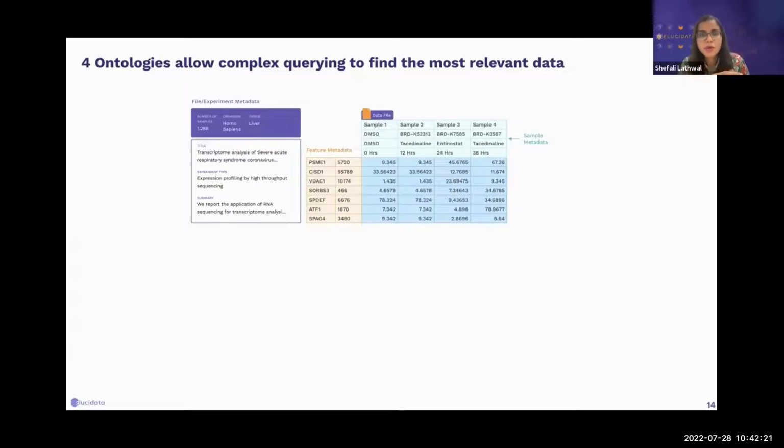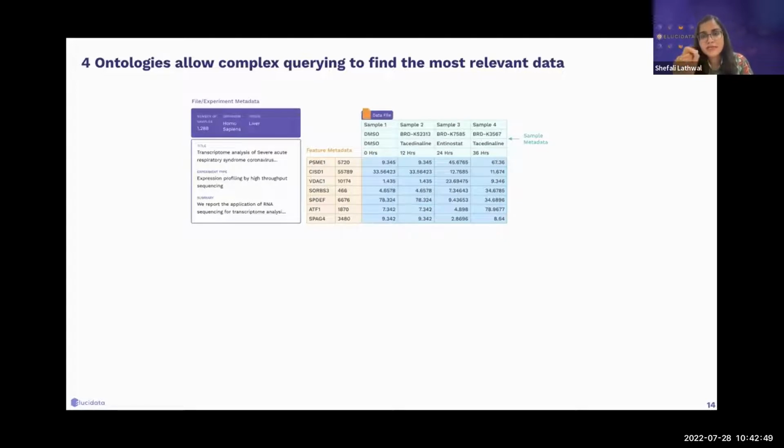In most of the data that we work with, we've got experimental metadata where we capture information about the experiment. So what was the organism that the experiment was done on, what tissue the samples came from, what was the type of data that was collected, what was the disease being studied, and so on. We also capture metadata about the samples as well as about the molecules or the entities for which the data is being measured.